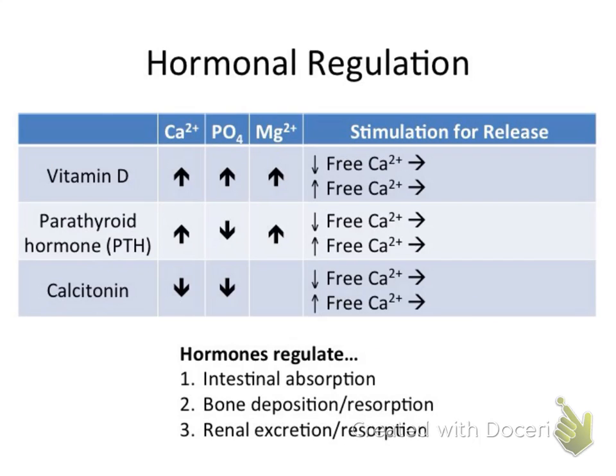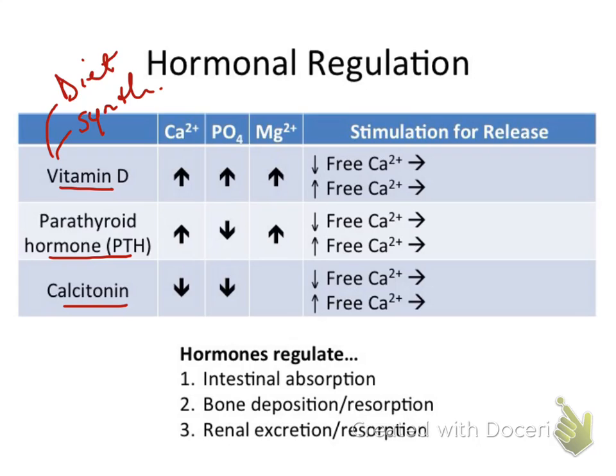Calcium, phosphorus, and magnesium are regulated by three hormones, and they are vitamin D, parathyroid hormone or PTH, and calcitonin. Vitamin D can be acquired through the diet or synthesized endogenously.